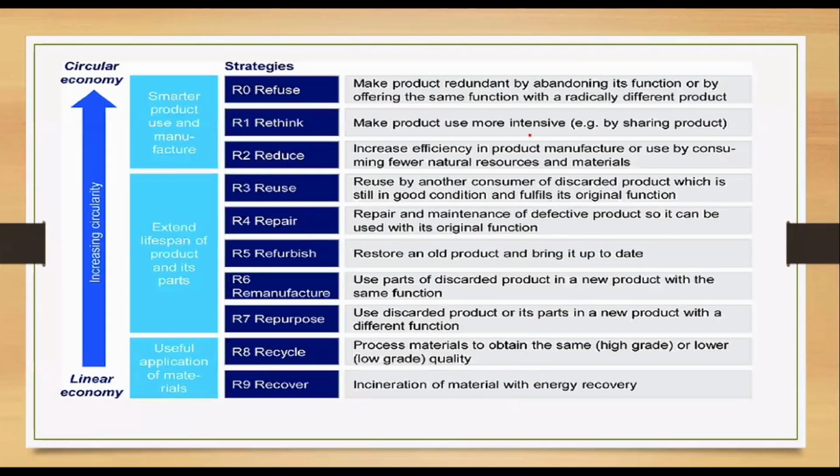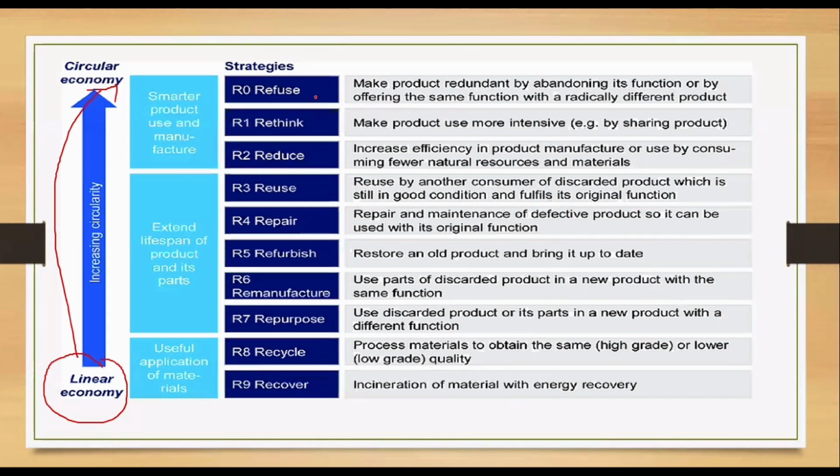I told you other things. Now, linear economy to circular economy. We are moving away to a circular economy where we are increasing circularity. So what are the strategies for a circular supply chain? There is the sustainable pharmaceutical supply chain, green supply chain, green pharma supply chain, towards a circular economy.